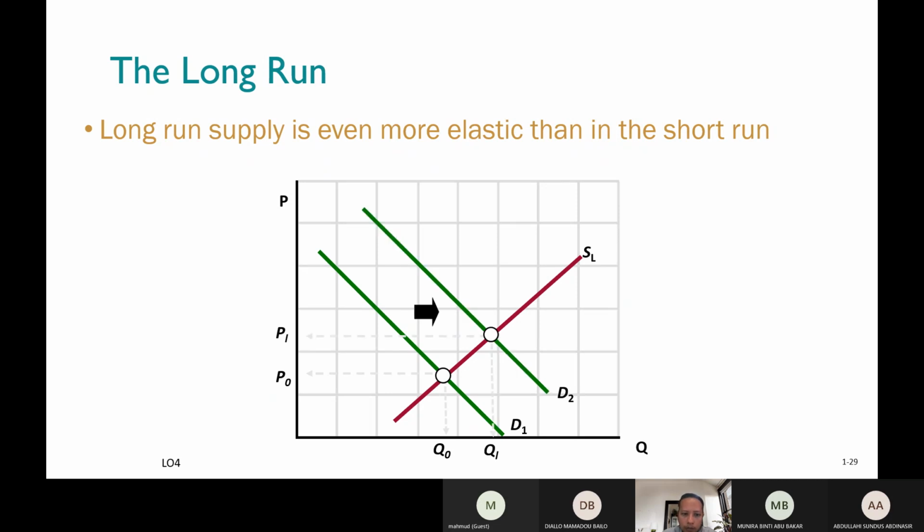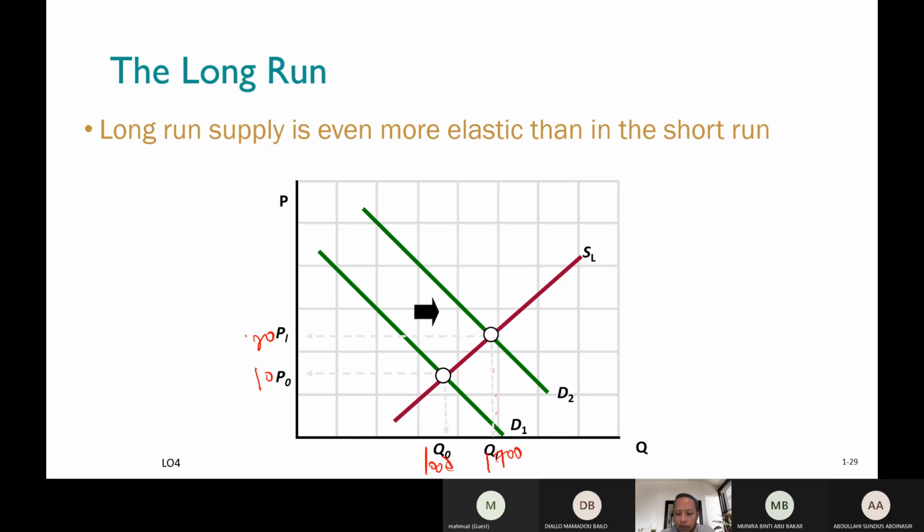Previously you've been selling 1,000, price is 10 here, and the price is 20 here. Now, because you have more time, you can sell maybe 1,700.